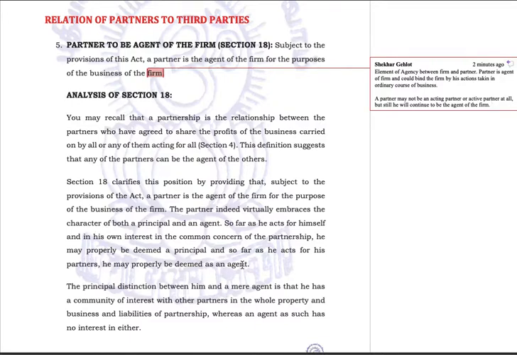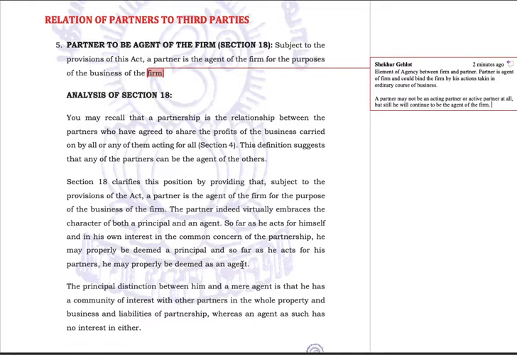Okay, when he is acting for himself, then he will be a principal. When he is acting for others, when he is acting on behalf of other partners, he will be an agent. So he has a dual personality.